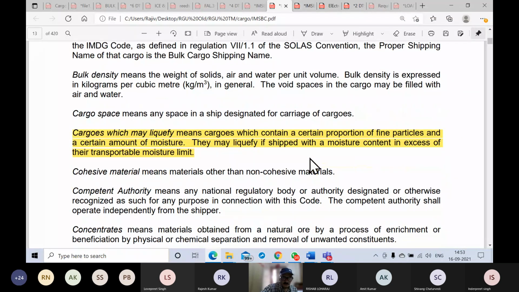Some more definitions. Cargo space, of course, you understand, but very simply means any space in the ship designated for carriage of cargo. Then it is called a cargo space.